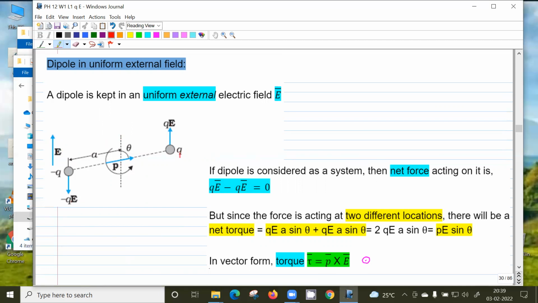So the direction of force on plus q is upwards, and on minus q is downwards. Is that clear? The directions of the forces on q and minus q are opposite.